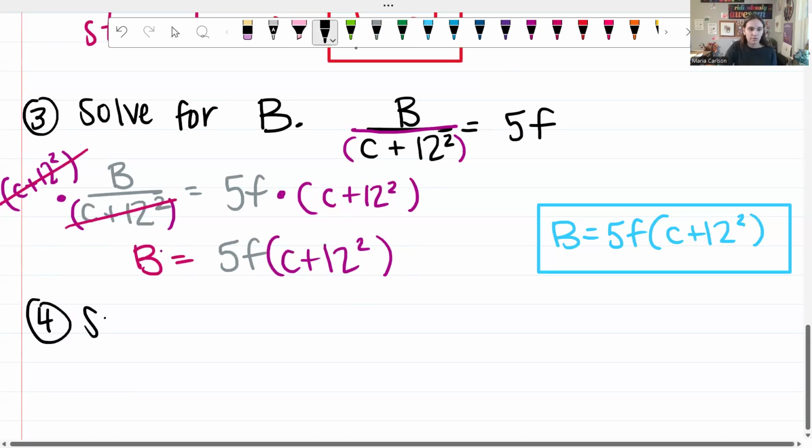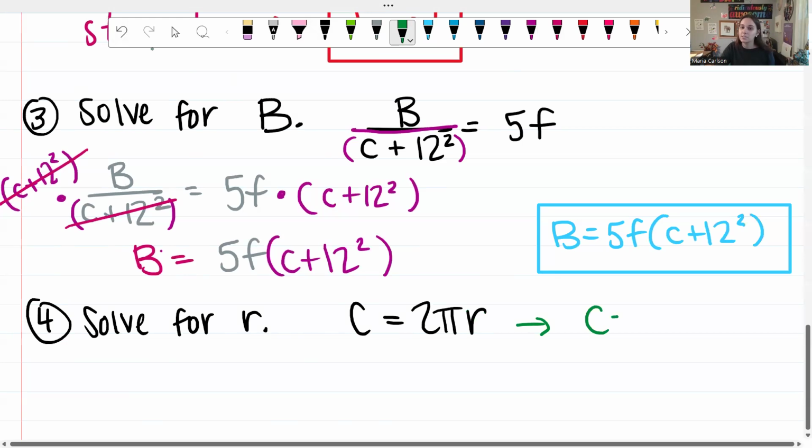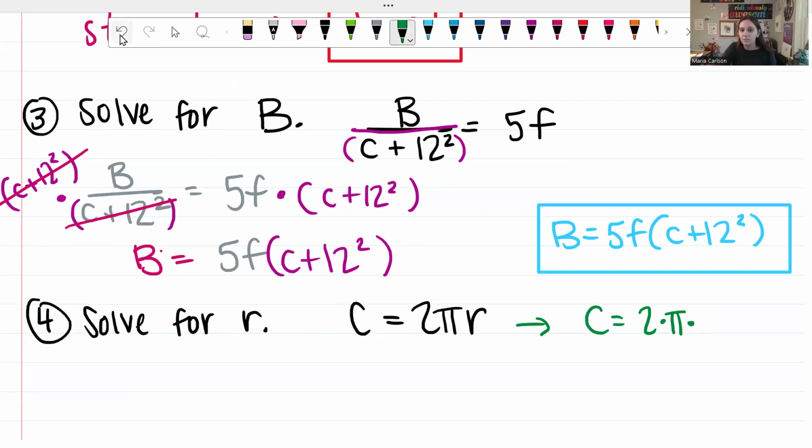let's solve for R. This is another formula that should look familiar. C is equal to 2 pi R. So this is our circumference formula for a circle, the distance around the outside of a circle. And if I want to get this R by itself, notice that this is really like circumference is equal to 2 times pi times R. Or I could even really just think of it as 2 pi times R. So if I want to get this R all by itself, we have to undo the multiplication, and I'm going to divide both sides of this equation by this 2 pi piece that we don't want.